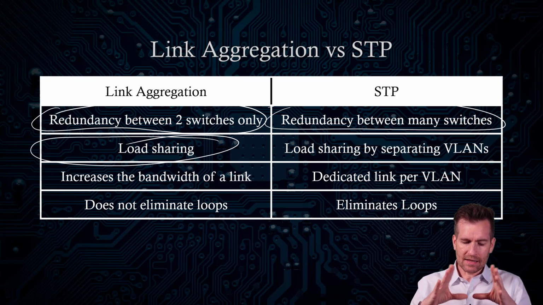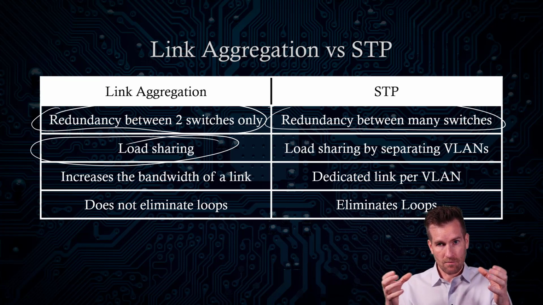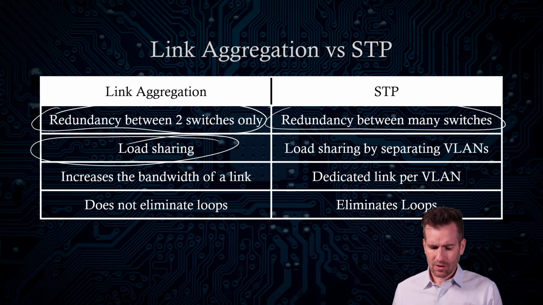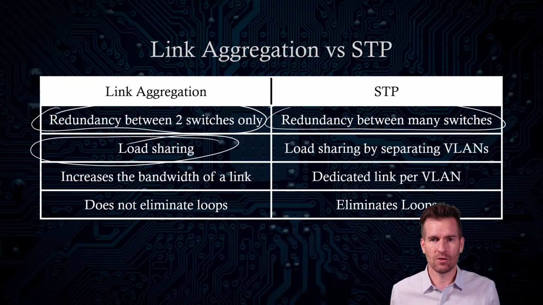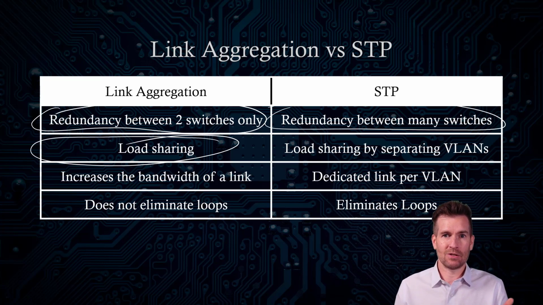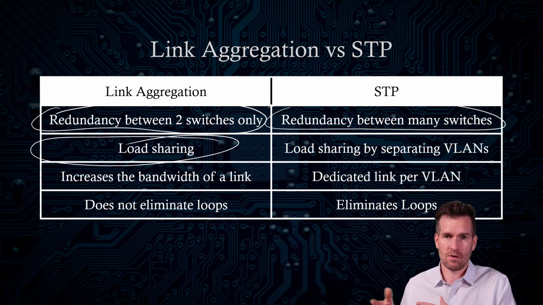Just know that link aggregation shares the load amongst all of those bonded links together. Spanning tree protocol doesn't really have that capability. They don't really have load sharing amongst the multiple links. The one exception to that is that we can actually do a per VLAN spanning tree protocol.